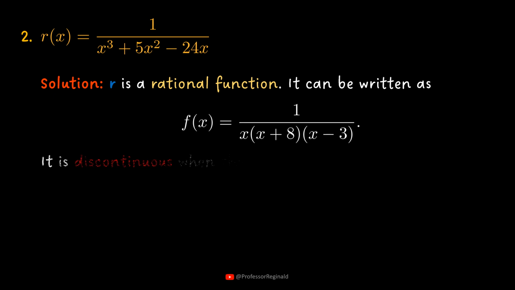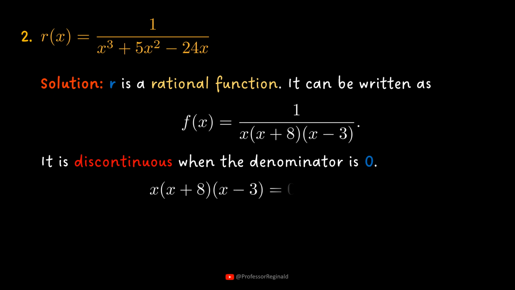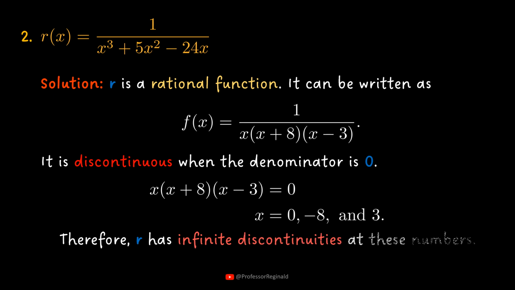It is discontinuous when the denominator is 0. Therefore, r has infinite discontinuities at these numbers. r is continuous on its domain D.